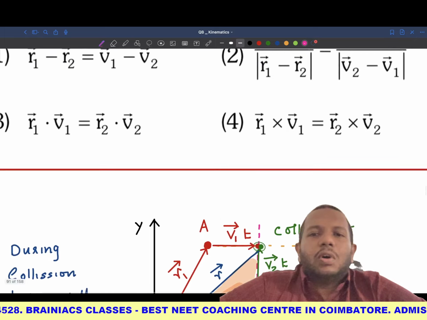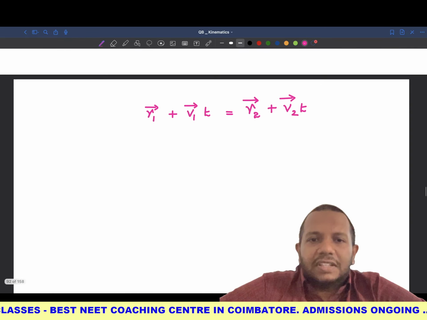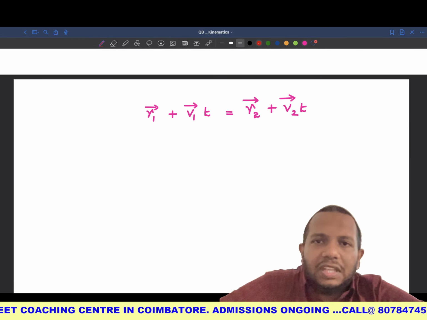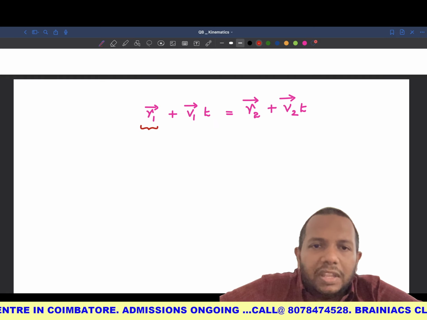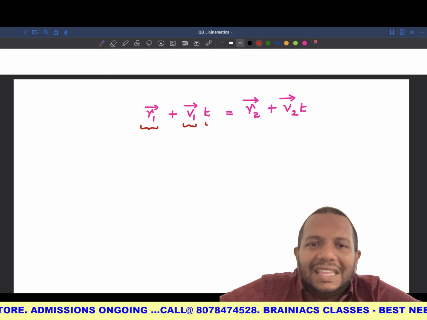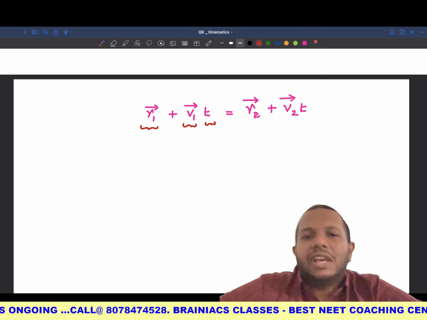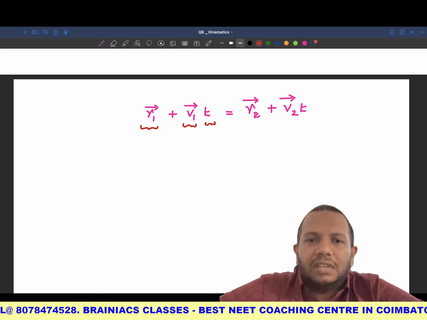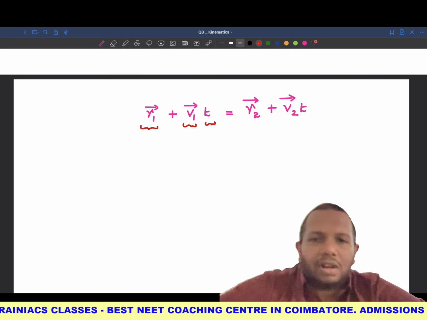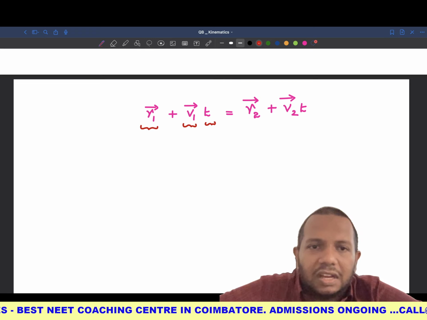So what can be done further? We can see one more thing here. R is a vector quantity, V1 is a vector quantity, but T is a scalar quantity. So what we can do here is T can be modified, or we can write an equation for T. How?